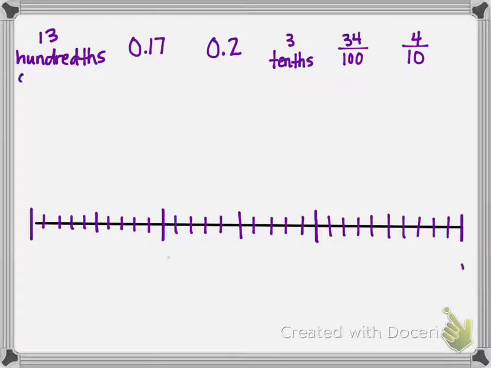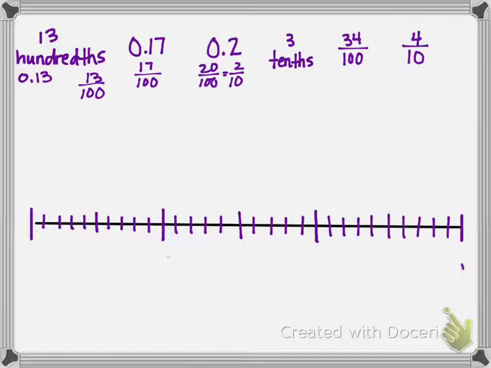So 13 hundredths would look like this as a decimal, and this as a fraction, 13 hundredths. Okay, and then we have 17 hundredths. That's already in decimal form, so I just like to go ahead and write it in fraction form. Same with this. We have 2 tenths, which as hundredths would be 20 hundredths, which is also the same as 2 tenths.